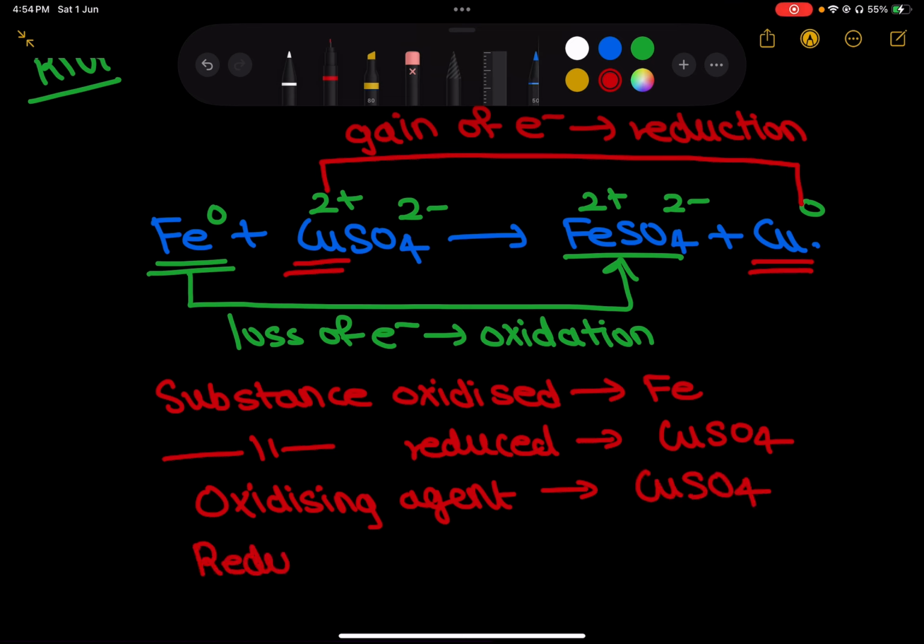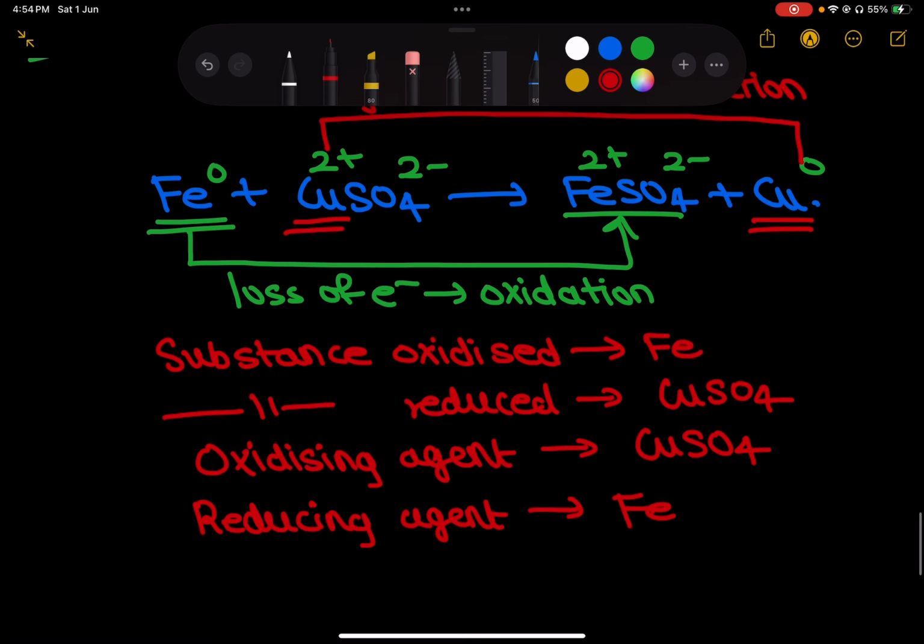Reducing agent, we have Fe because Fe itself has got oxidized, but it has reduced CuSO4. So basically, when there are two reactants and two products, with no extras left out, the substance oxidized is the reducing agent. The substance reduced is the oxidizing agent. Simple funda hai. It's not that difficult.